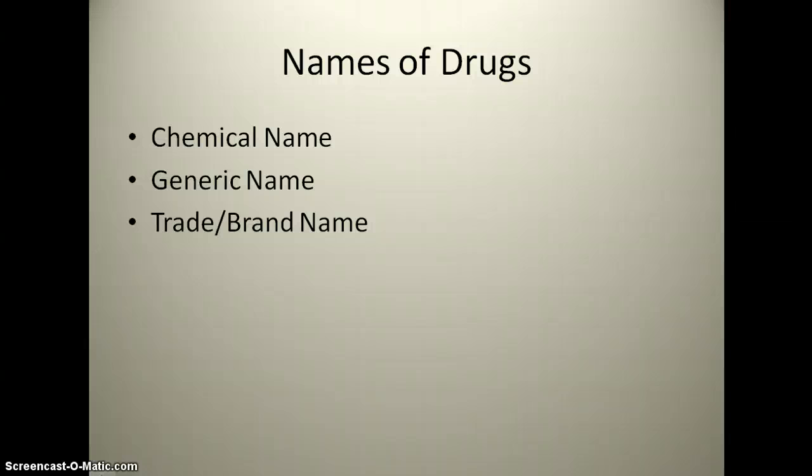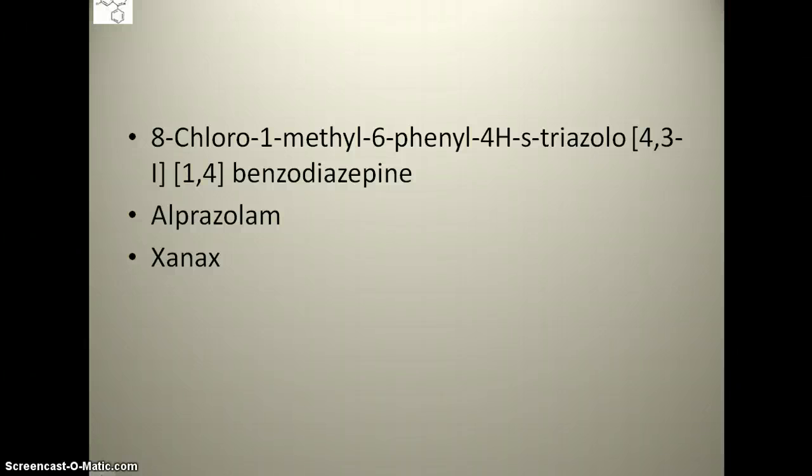Alright, now if we look at drugs and we look at like prescription drugs, you're going to have chemical names, generic names, and then trade and brand names. I'm typically going to stick to generic names or trade names. So this is Xanax. I bet you've heard of Xanax.